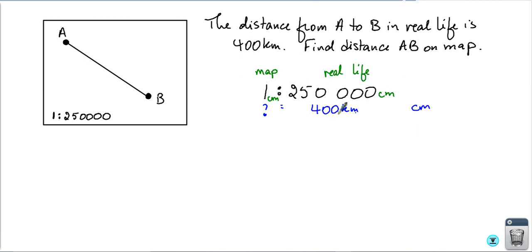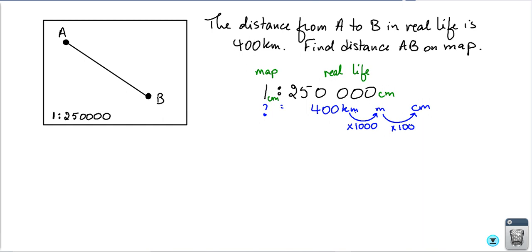But before changing to centimeters, we have to change to meters. So from kilometers first to meters, then from meters to centimeters. From kilometers to meters, we have to multiply by 1,000, and from meters to centimeters, we have to multiply by 100. So I'm going to write down the ratio again.